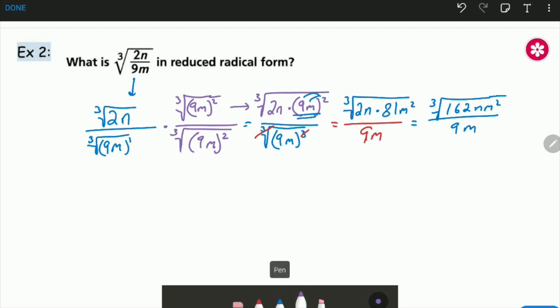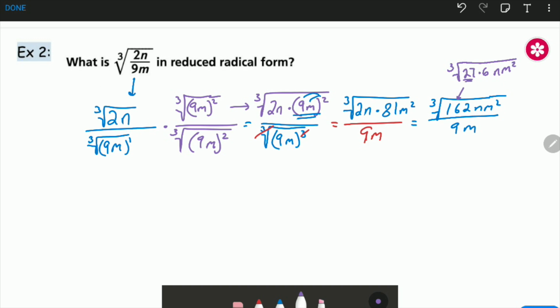Afterwards, you need to try to break down the radical. The n and the m can't be simplified because, well, there's not enough of them to be a perfect cube. However, 162, there is a perfect cube that goes into 162. 27 goes into 162. It's 27 times 6.